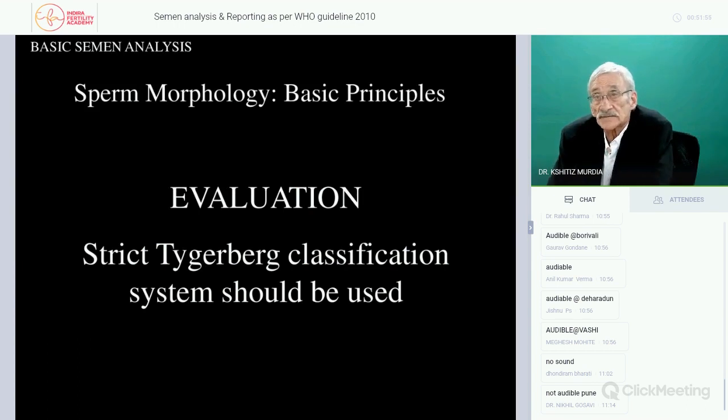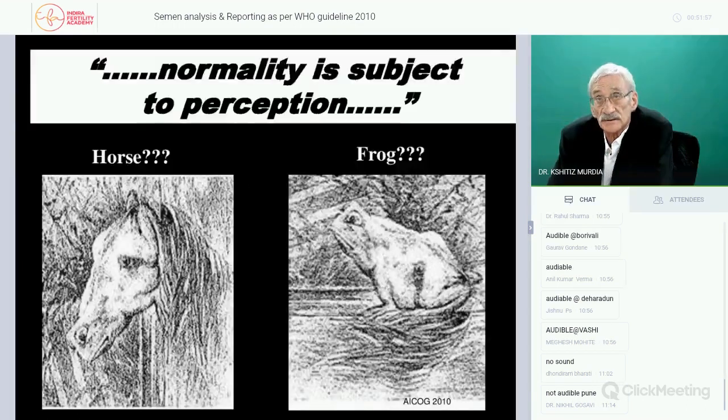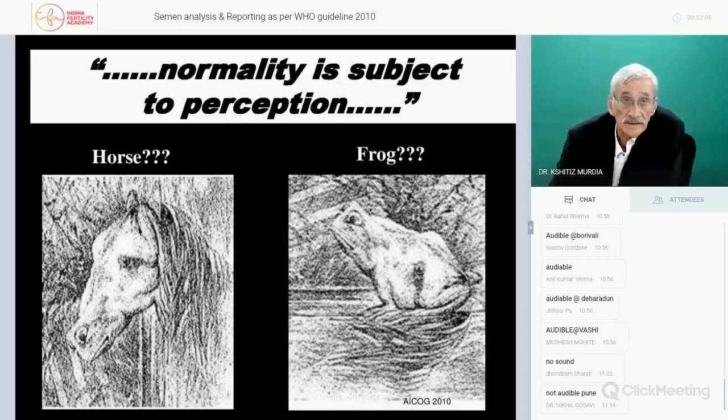The method to classify is the strict criteria method. Now, normally, we think that morphology is a perception.